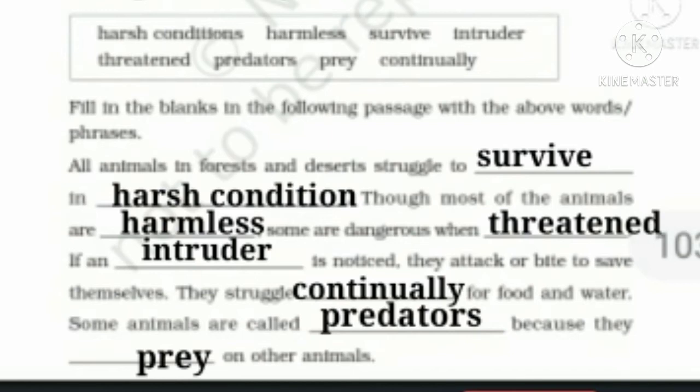If an intruder is noticed, they attack or bite to save themselves. They struggle continually for food and water. Some animals are called predators because they prey on other animals.